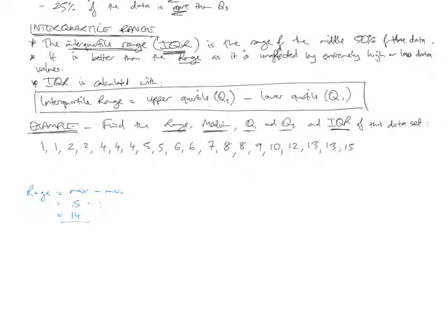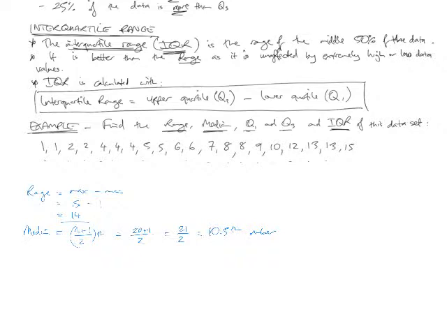We need to find the median. Median is the (n plus 1) over 2 th number. There are 1, 2, 3, 4, 5, 6, 7, 8, 9, 10, 11, 12, 13, 14, 15, 16, 17, 18, 19, 20 numbers. 20 plus 1 over 2, 21 over 2, 10.5th number.